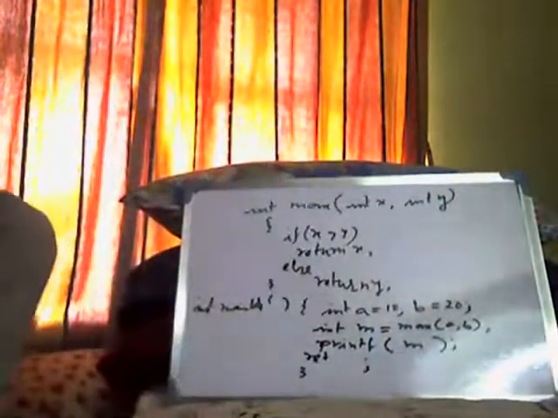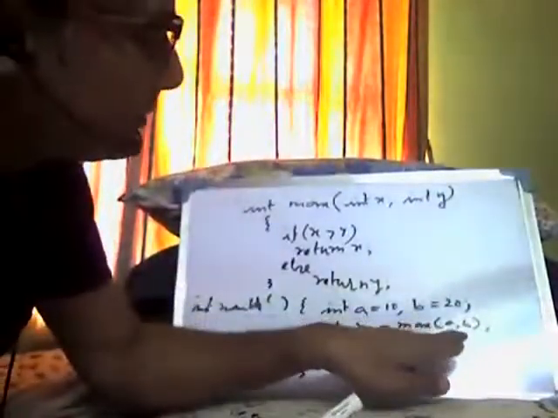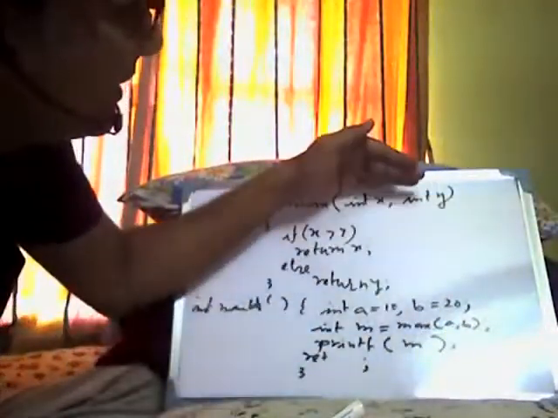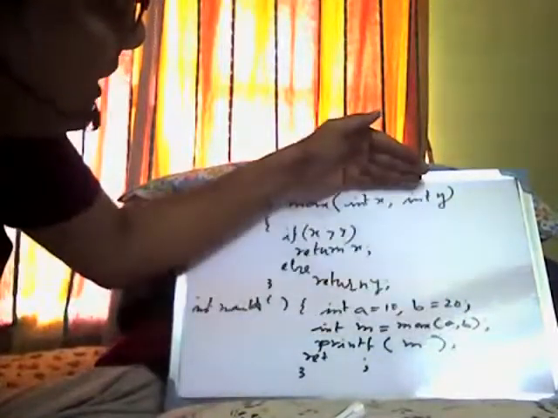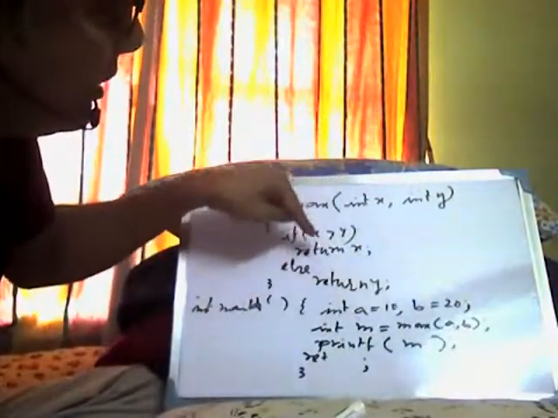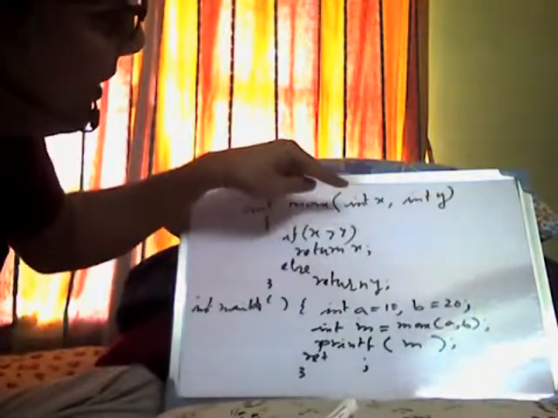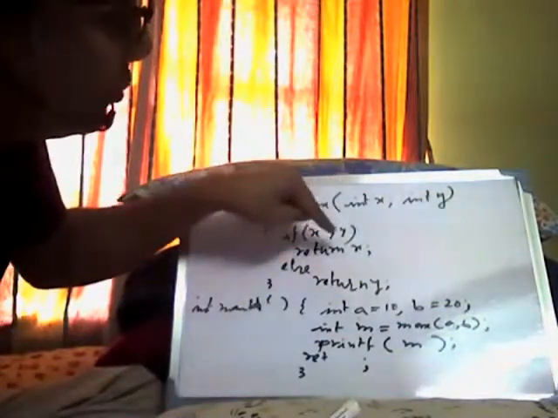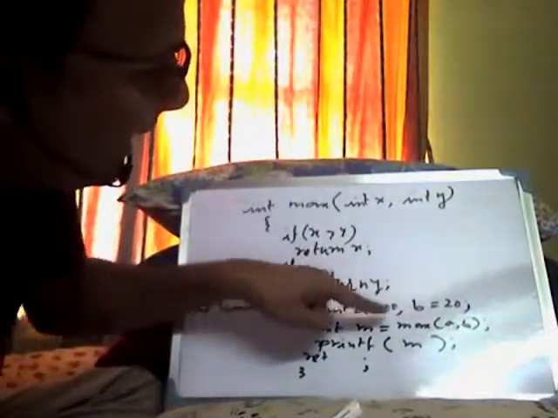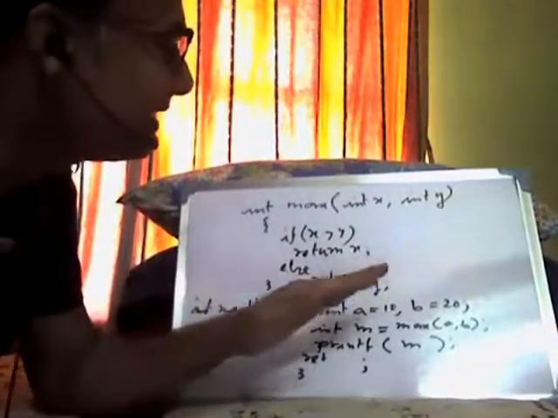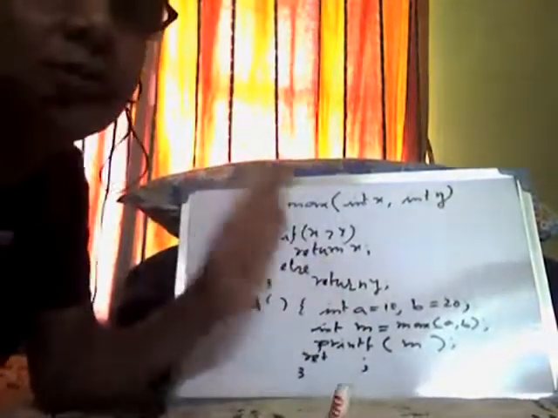That means if the values 10 and 20 are passed to here and you do something here, those changes will not change the values of a and b, right? These are the cases. Then I will give you another example.